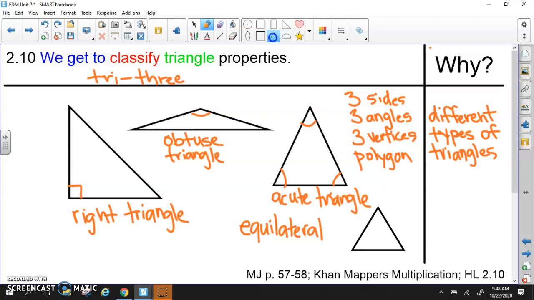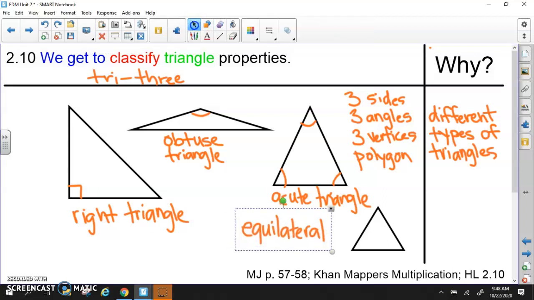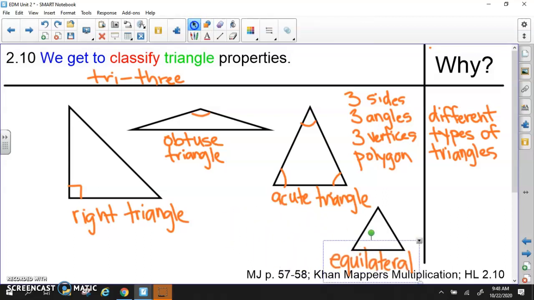There we go. How's that? Does it look like all the sides are equal there? Okay, this one's called an equilateral triangle. Is everybody okay with equilateral? Okay, sounds good. We have another one called an isosceles triangle.